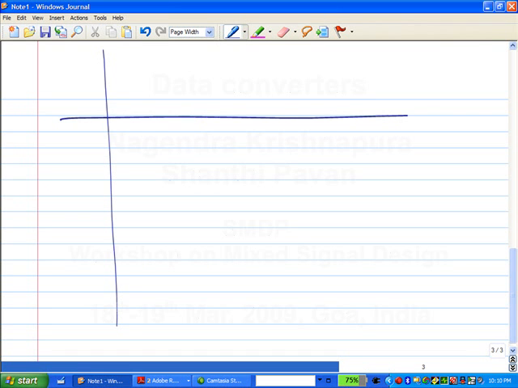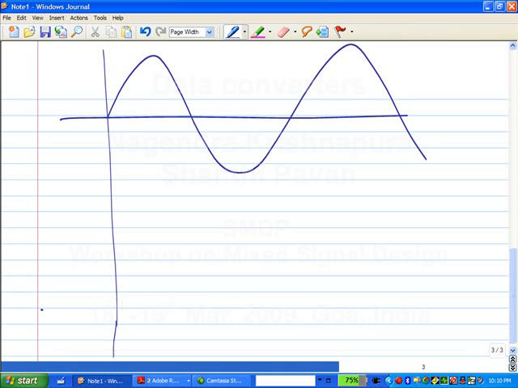I have a sine wave. First, let's go to the first step. What will be the spectrum of this? Okay, let's take only one half. So it's an impulse, whatever frequency it is. It's an impulse.